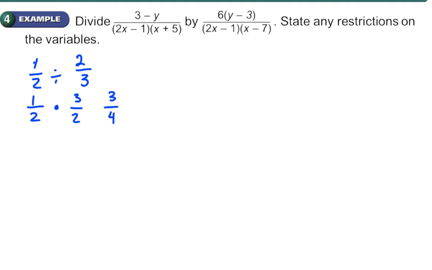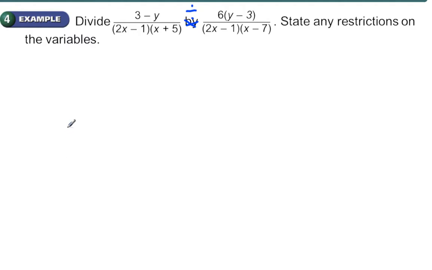Okay? So I'm going to go ahead and erase this, and let's take a look at what we've got. All right, so we've got 3 minus y over 2x minus 1, x plus 5, 6 times y minus 3, 2x minus 1, x minus 7. We're dividing this one by this one. This basically means that we're going to do that, right?